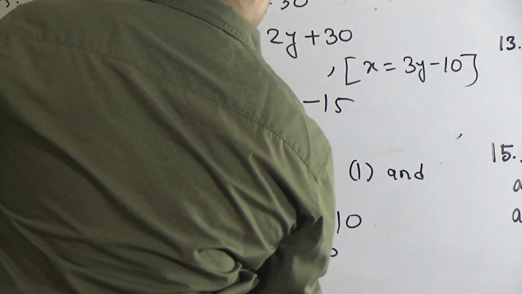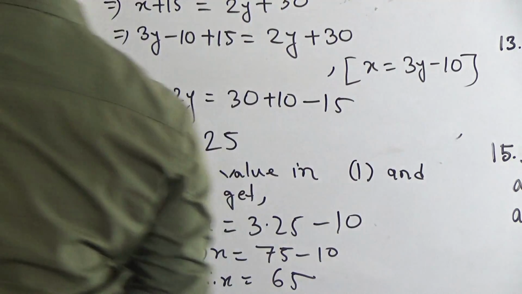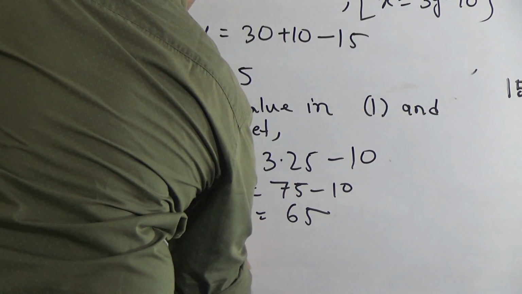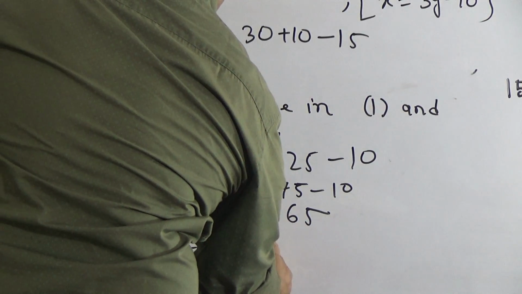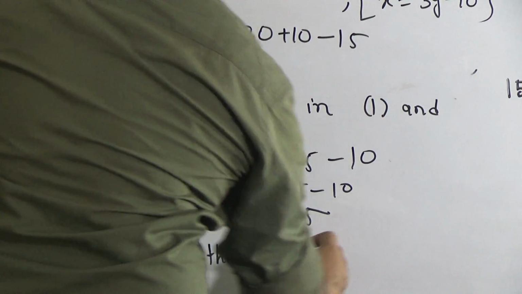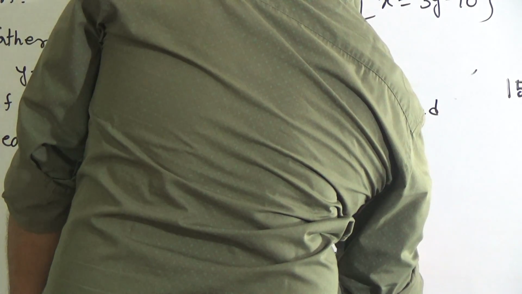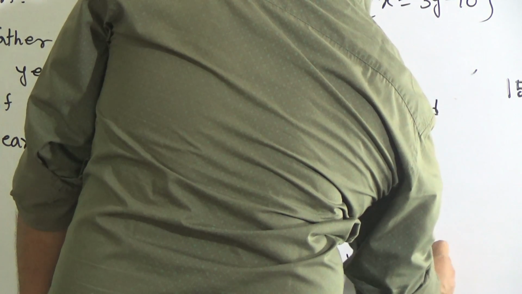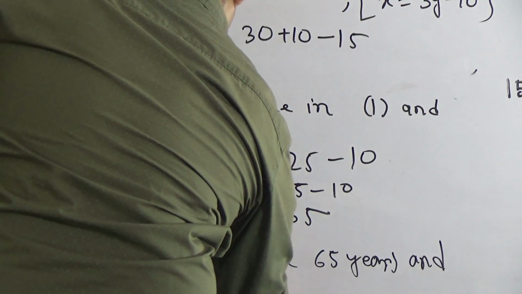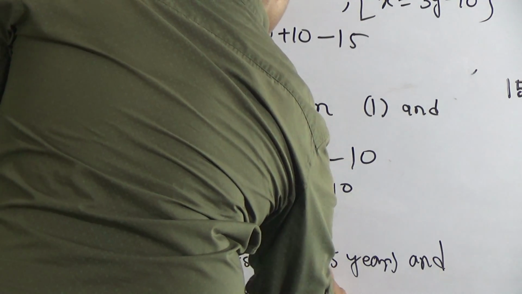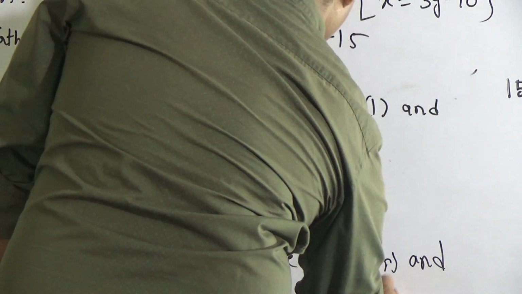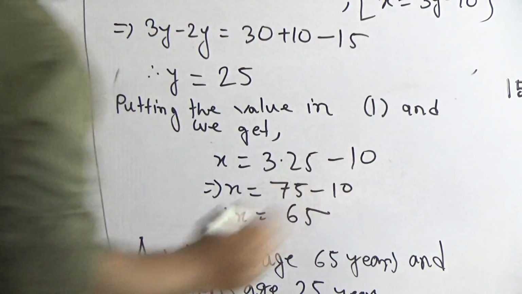So x equal to 65. So my dear student, answer: father's age is 65 years and son is 25 years. I hope you have understood.